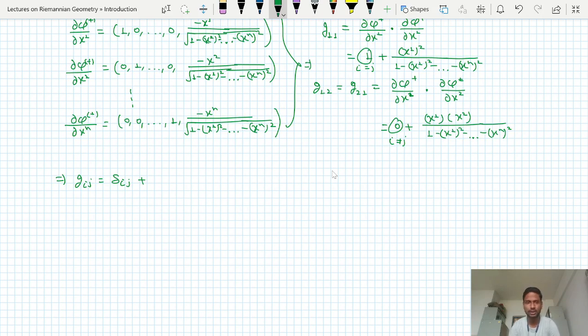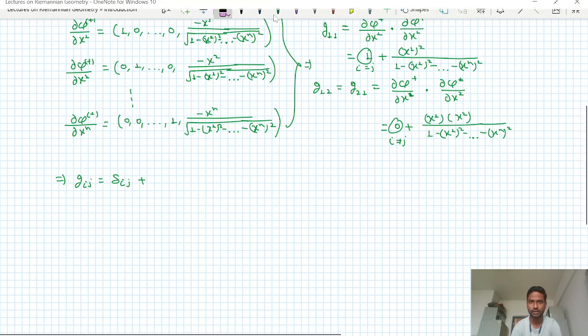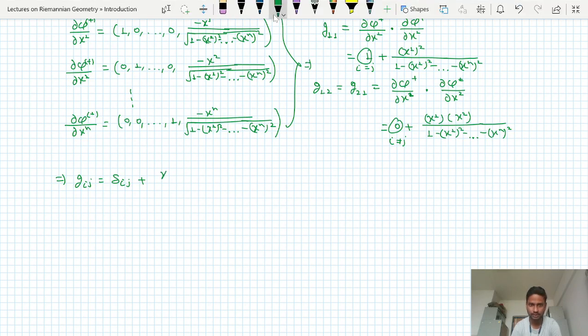Here you have the multiplication, so simply write xi multiplied with xj, and in the denominator you have 1 minus x1 squared minus up to and so on xn squared. So these are the metric components.